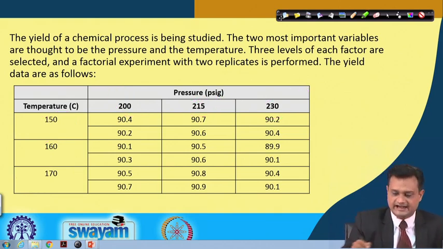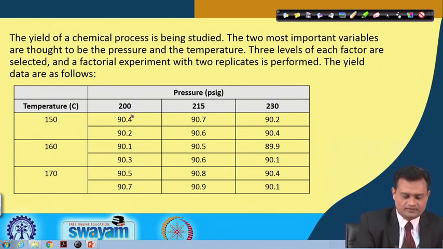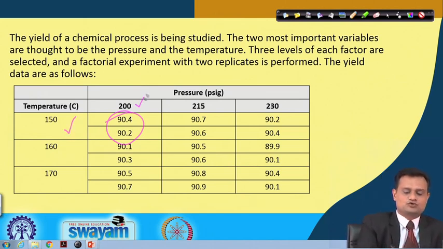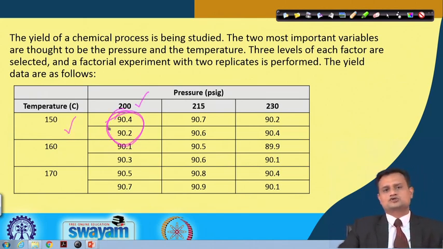You can also see that I am collecting two data points as replicates for each setting, for 150 and 200, two readings. So if by chance there is an error, I can capture it through such replications.